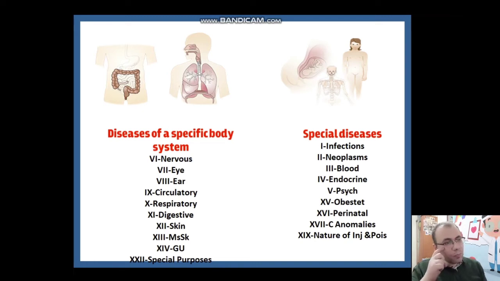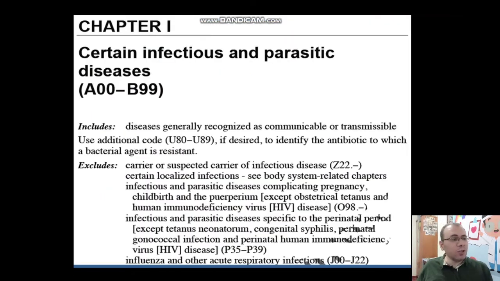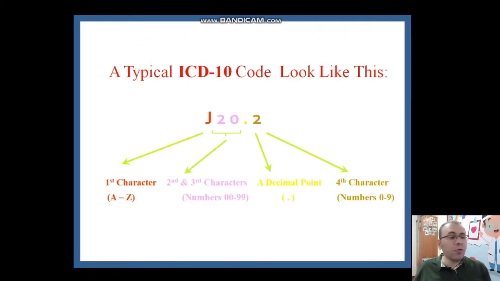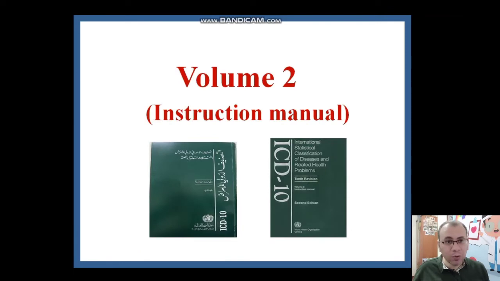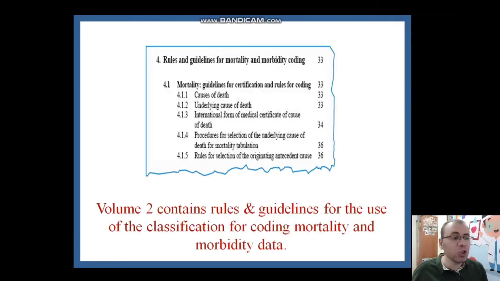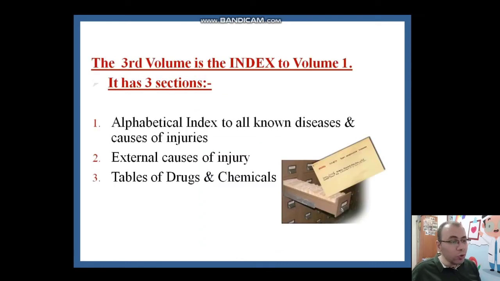After that we will talk about volume 2, which contains the instructions for using the ICD-10. Then volume 3, which is the alphabetical index, containing an alphabetical index of all known diseases and the causes of injury, external causes of injury, and tables of drugs and chemicals.